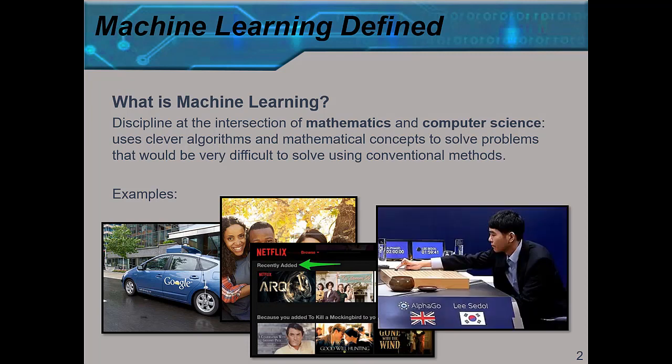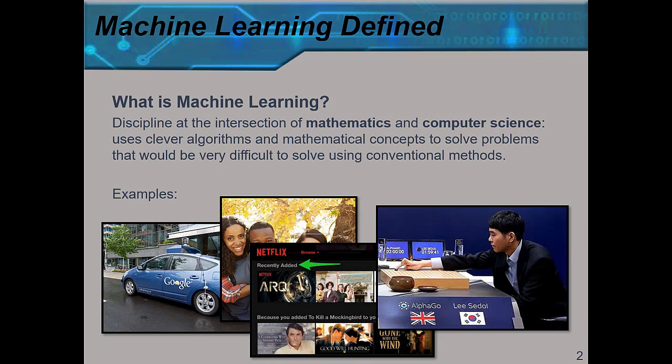And finally, when I think of machine learning, I think of teaching a computer to be able to beat a human at a game. And this right here is an image of when AlphaGo beat the world Grandmaster Go champion. People thought that this was impossible.